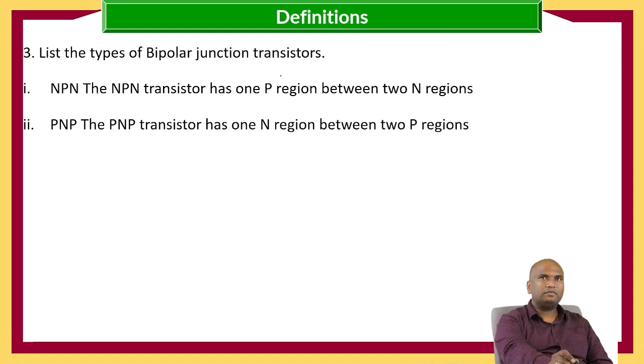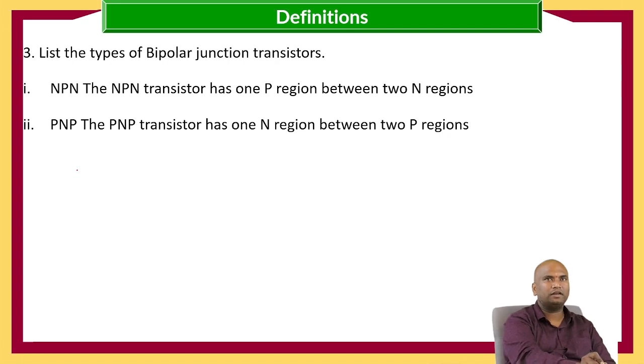List the types of bipolar junction transistors. Here we have NPN and PNP transistors, where the NPN transistor has one P region between two N regions, whereas the PNP transistor has one N region between two P regions.